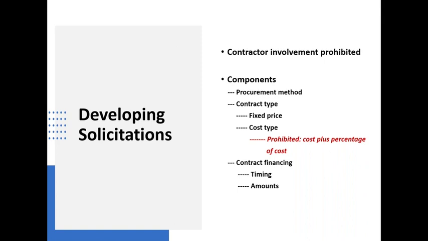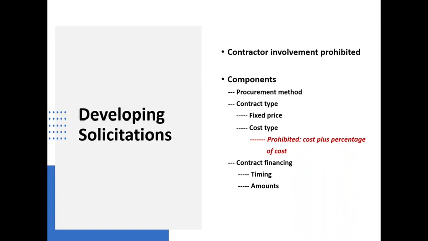But the nature of this activity states that contractors who are involved in creating the specifications or the statement of work cannot compete for the contract. And this is something that particularly in some technical areas can be pretty dicey. When you're talking about architect and engineering services, accounting and auditing services, things of that nature, you got to be very careful about how that's formulated.